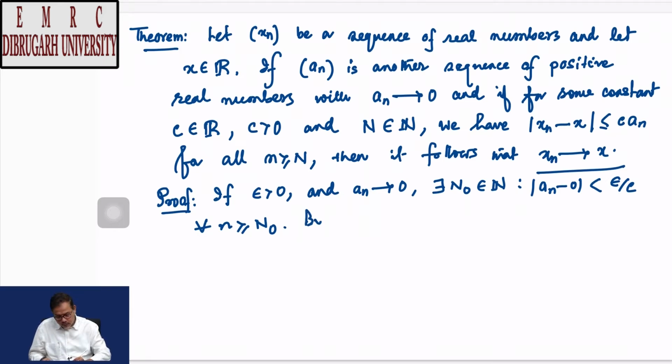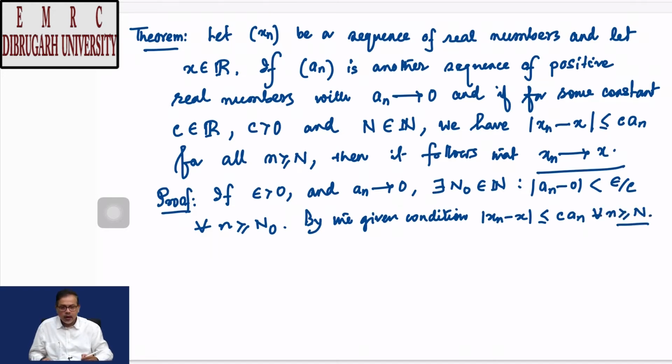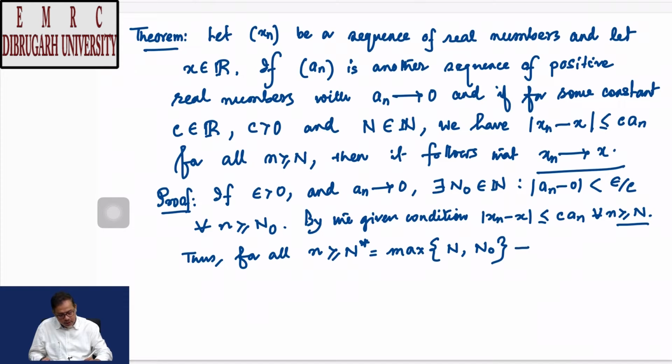By the given condition, |xn minus x| is less than or equal to C an for all n greater than or equal to capital N. This is a given natural number N. Thus, for all n greater than or equal to n star, which is the maximum of N and n naught, both these conditions hold.